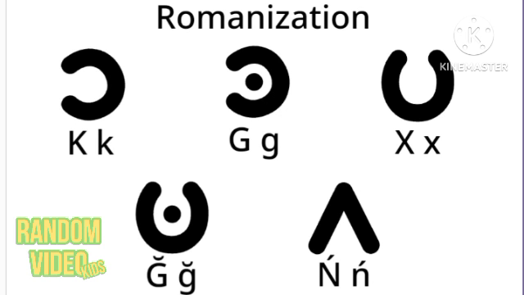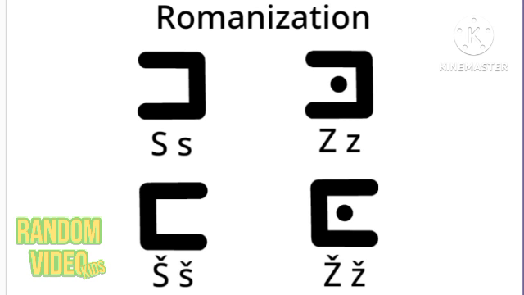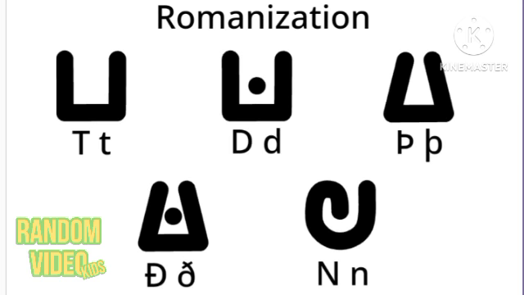Gaf, K. Gaf, G. Chain, X. Line, G with breathe. Ang, N with acute. Sad, S. Zad, Z. Sheen, S with caret. Zeen, Z with caret. Dal, T. Dal, D. Thal, Thorn. Thal, Eth.